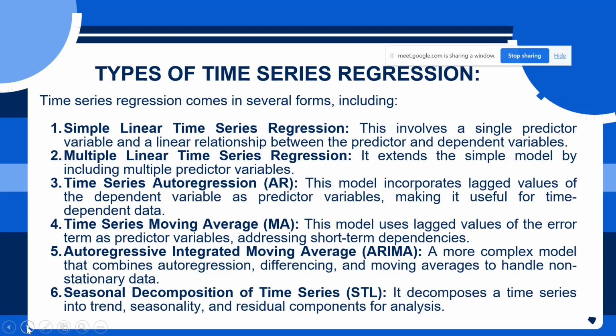Moving average is simple and easy to use for time series with short-term dependencies. However, it is also important to be aware of its limitations before using it. Number 5 is the autoregressive integrated moving average. It is a class of statistical models used for forecasting time series.